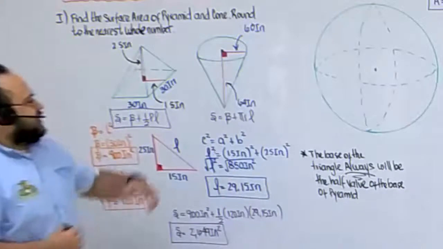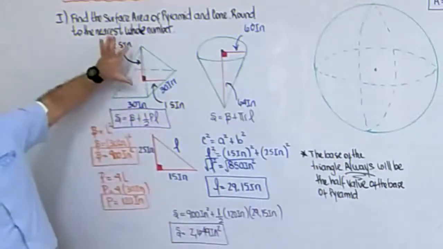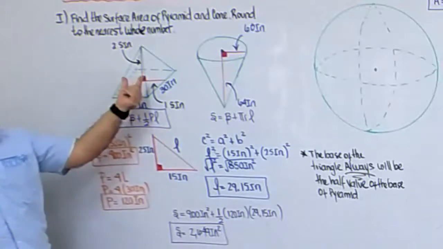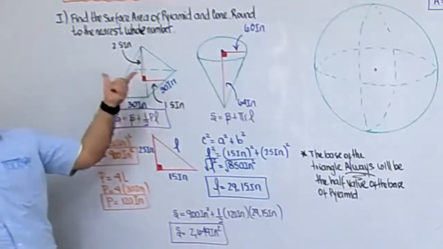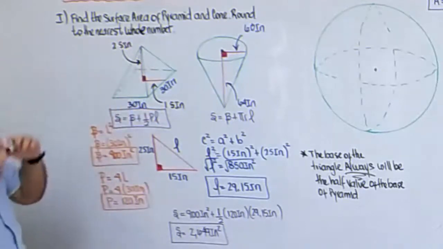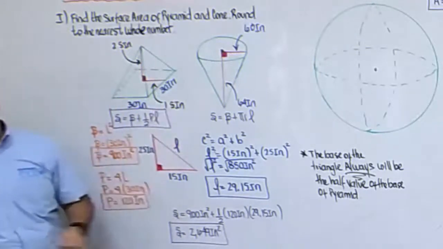Okay, Analia? Just in case the problem gave us the height, don't forget that this red base, the base of the inner triangle, will always be half the value of the base of the pyramid.